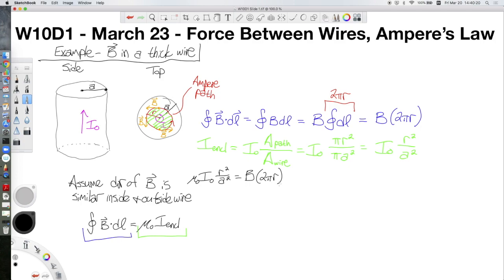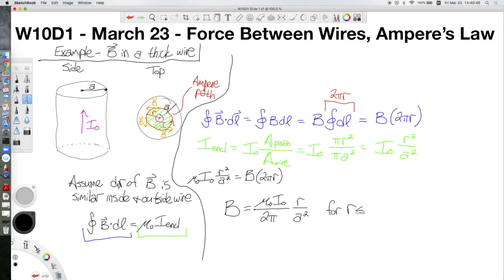So we can then solve for the magnetic field as mu naught I naught divided by 2 pi times the quantity r over a squared. And this is when r is less than or equal to the radius of the wire.